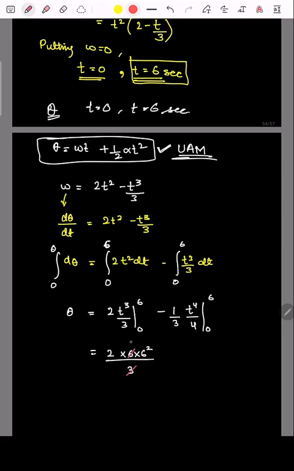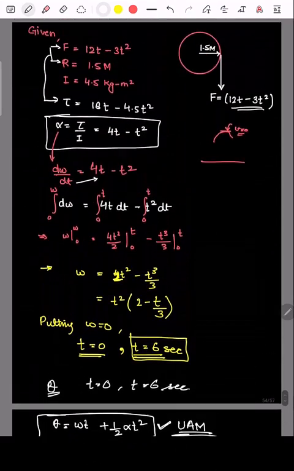Here we can cancel out the 3 as 2, minus 1 by 12 into 6 square into 6 square. 6 square is 36, hence this can be written like this. Solving this, we can write 4 into 36 minus 3 into 36, hence 1 into 36 equal to 36 radians.